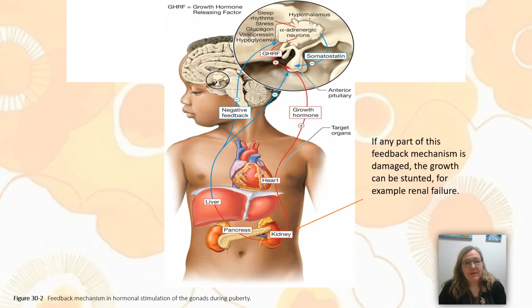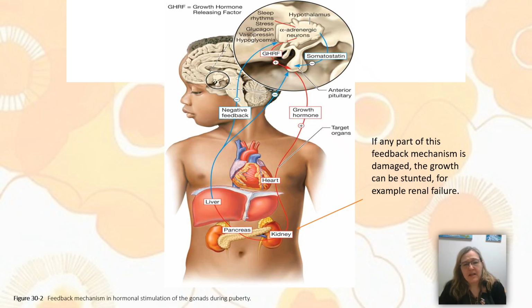Puberty is initiated in children by an increase in production of GnRH, or gonadotropin-releasing hormone, from the hypothalamus in the brain. This in turn stimulates the anterior pituitary gland to release luteinizing hormone and follicle stimulating hormone. When these two hormones are released into the bloodstream in response to the gonadotropin-releasing hormone, they travel to the testes in boys or ovaries in females and stimulate their developmental function.